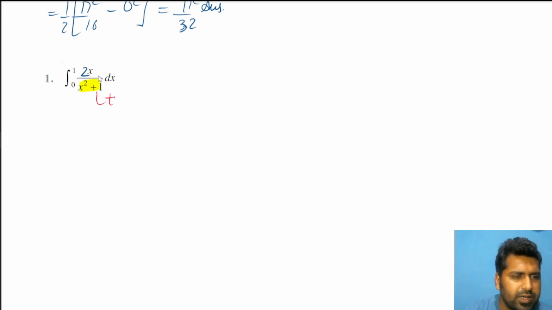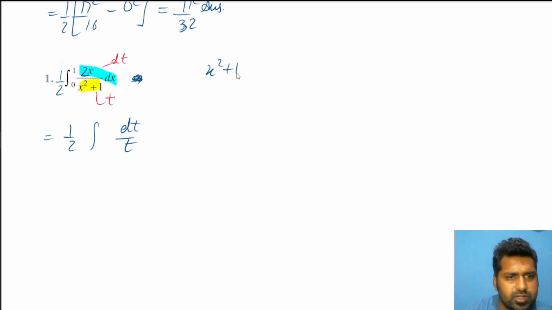So multiply this by 2, then also divide by 2. Then the whole numerator part becomes your dt. So the question will look like this: 1 by 2 integration, some limit that we have to decide, dt by t. Now all you have to do is convert it.